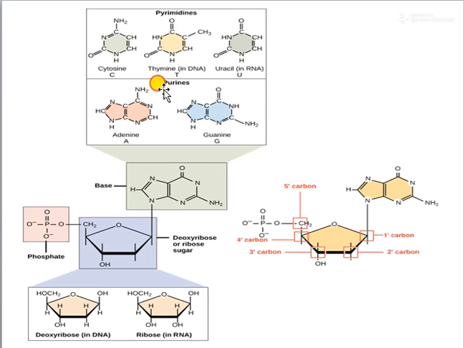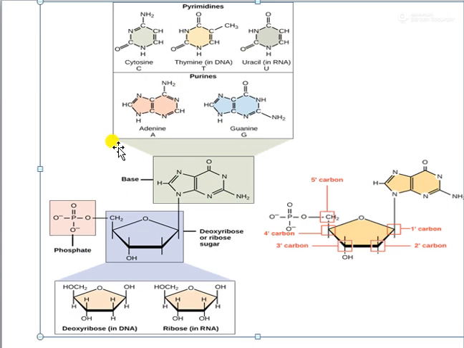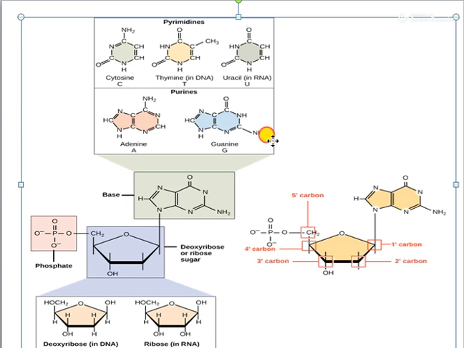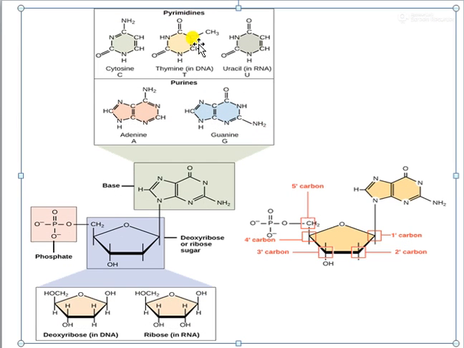In the pyrimidine category, there are three nitrogen bases: cytosine, thymine, and uracil. In the category of purines, there are two nitrogen bases, adenine and guanine. One thing is clear from the structure, that pyrimidine bases are single ring structures, while purine bases are double ring structured.